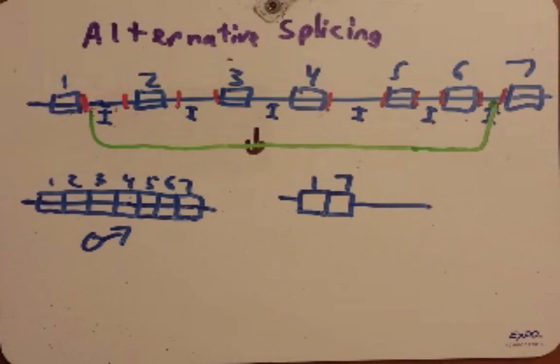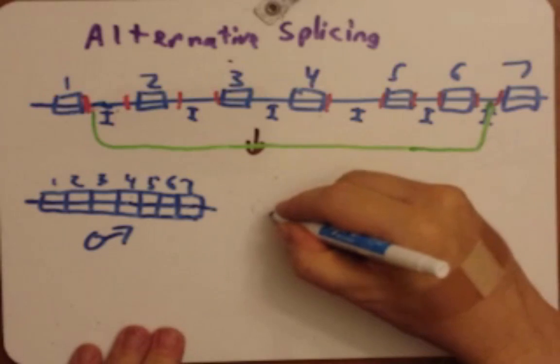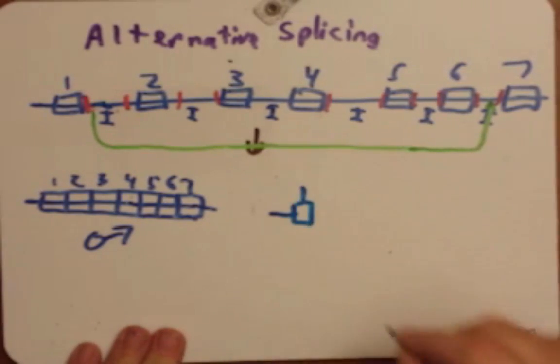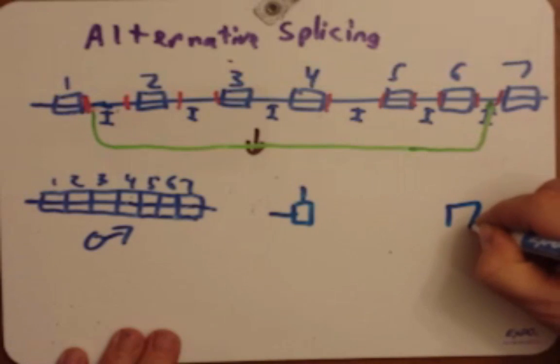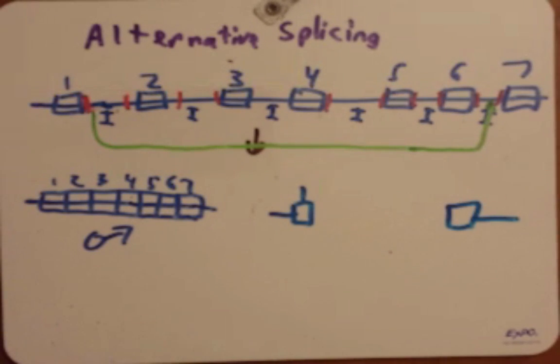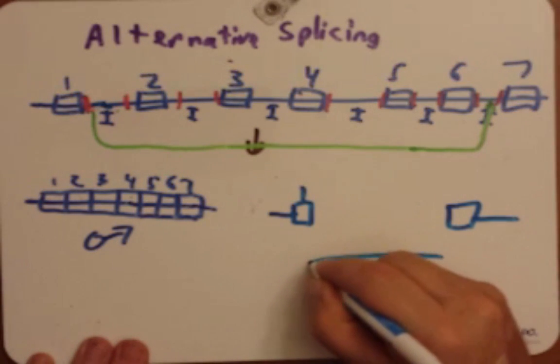If this were to happen, you would end up with a situation, and I'm going to erase this here for a moment to give us some room to draw. What happens here then is you end up with this exon 1 being held by that spliceosome, and then you have exon 7 here also being held by the same spliceosome so they don't fall away from each other. And then you end up with this really large lariat.